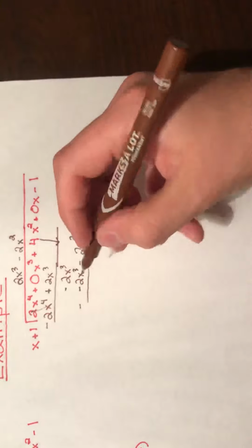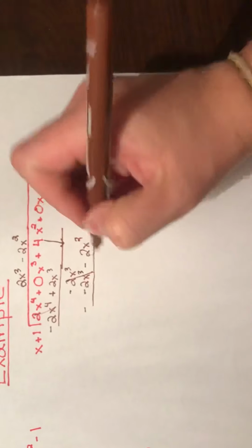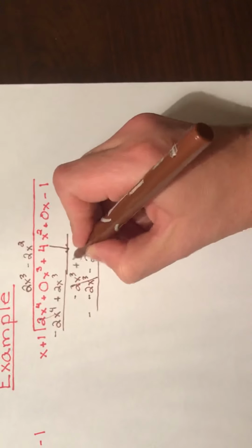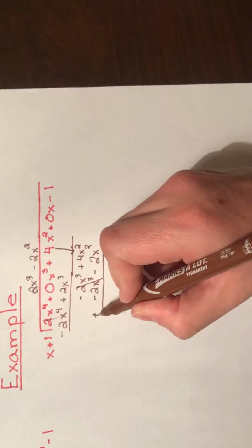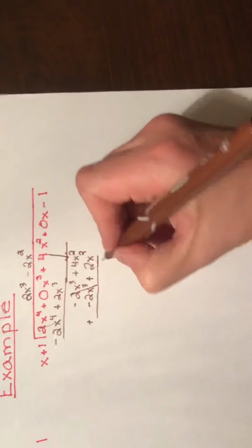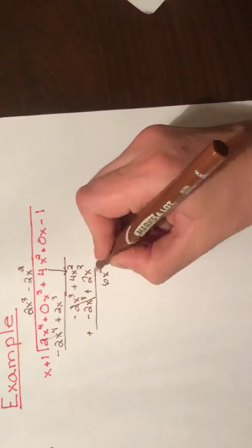Here we will see that our x cubed terms will cancel out, and our double negative will make this a positive. So now we will have 6x squared.